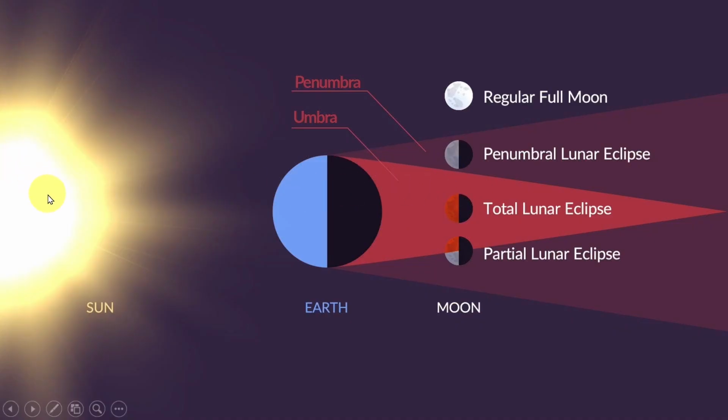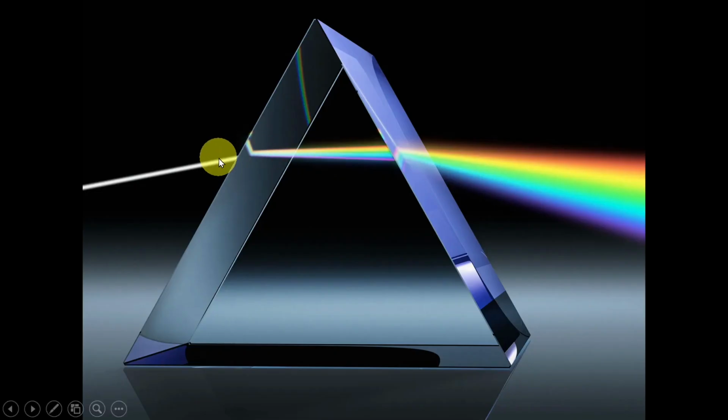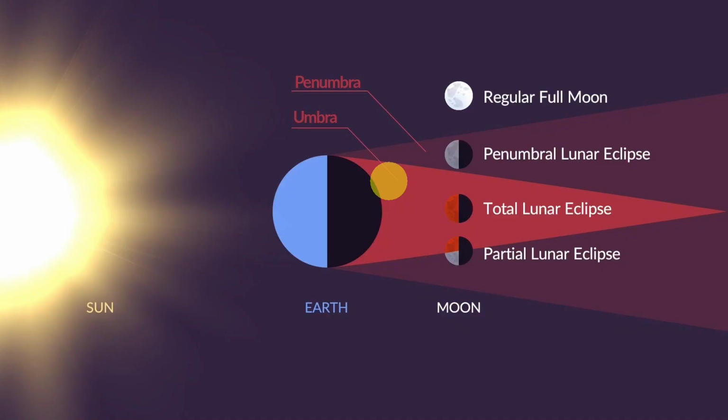So when the white light from the sun comes here, it grazes through the atmosphere here. So it encounters the atmosphere and also the dust particles. Now, the atmosphere without the dust particles refracts the light. Remember what I told you about the prism? It changes the direction. It acts like a lens.